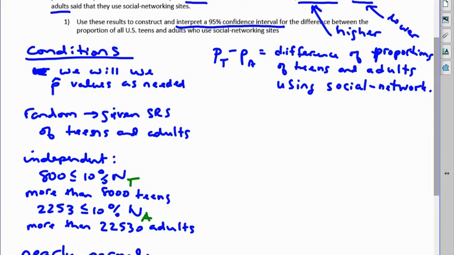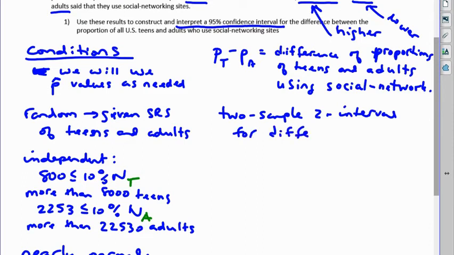Now I should say what I'm doing. I never said what I was doing. I am doing a 2-sample Z interval for difference of proportions.